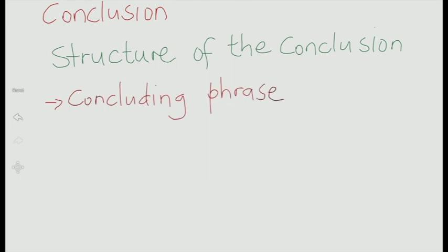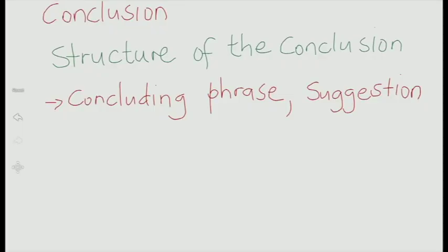When we look at the structure of the conclusion, the first thing that you're going to do is to use that concluding phrase. And then that concluding phrase is going to be followed by what? It is followed by a suggestion.